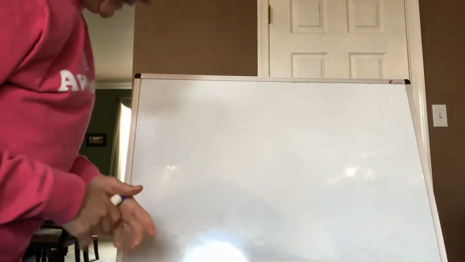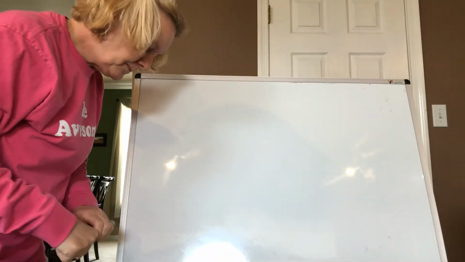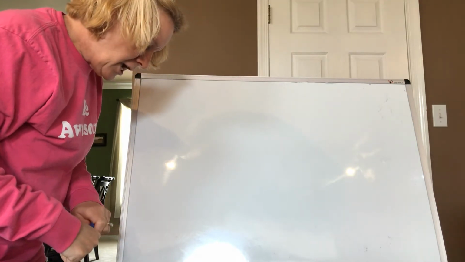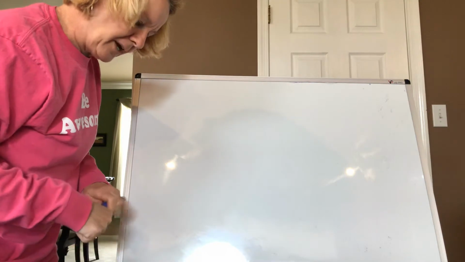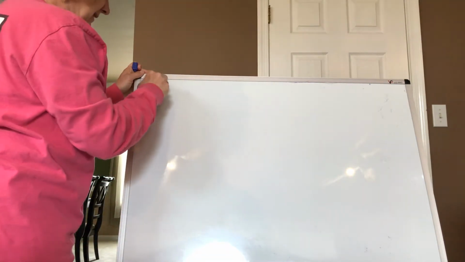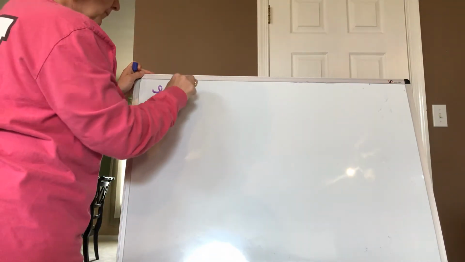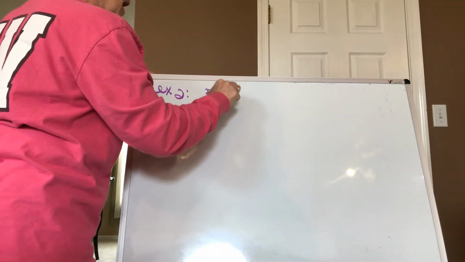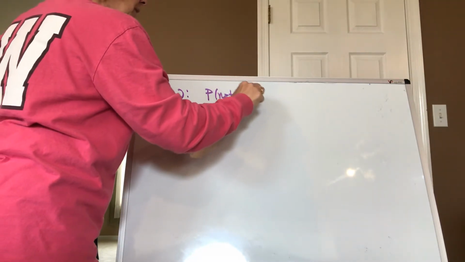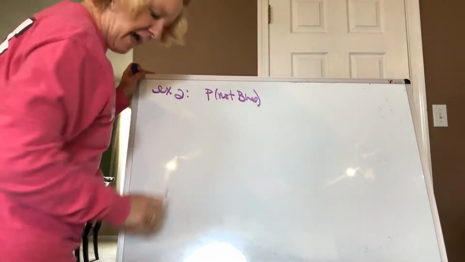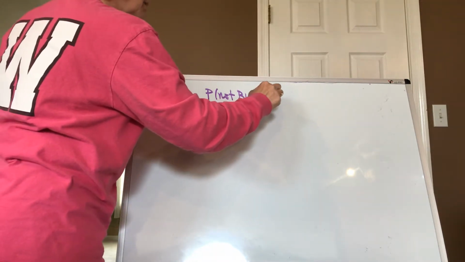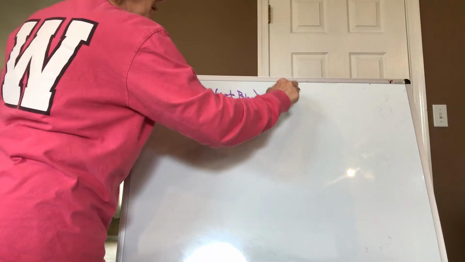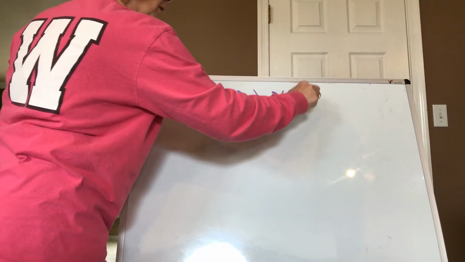All right, let's go back to the notes. It says, what is the probability on that spinner of not getting blue? This is example 2. Probability of not getting blue, and then rolling a 3 or a 4 on the dice. So times the probability of a 3 or a 4.